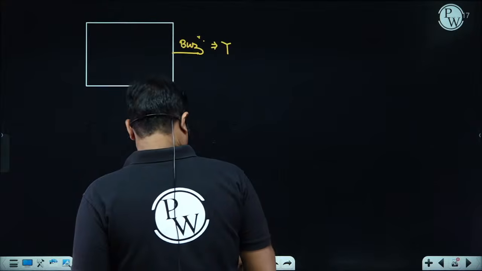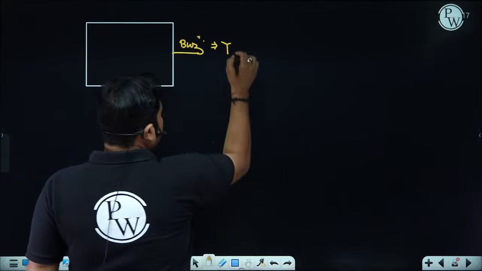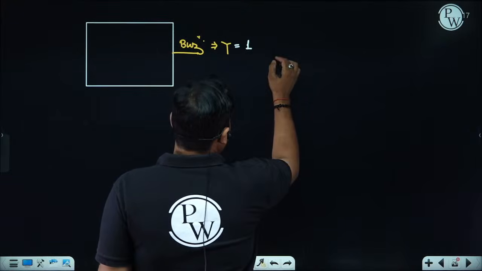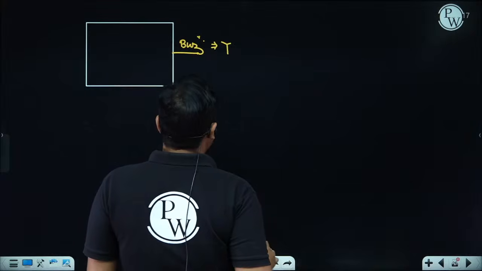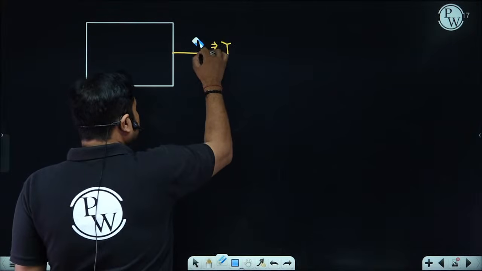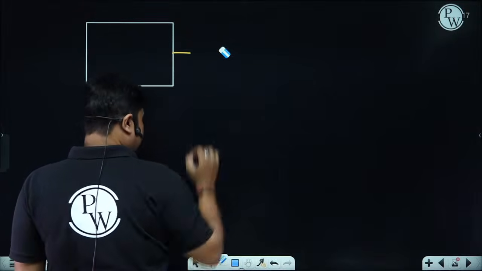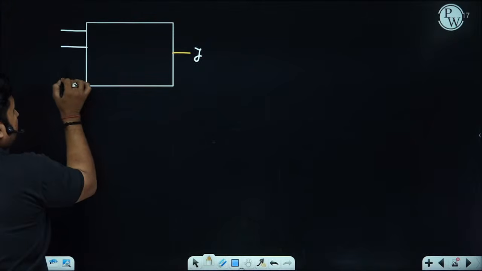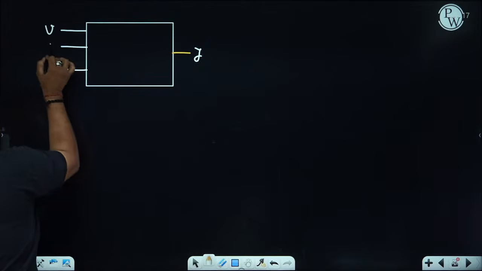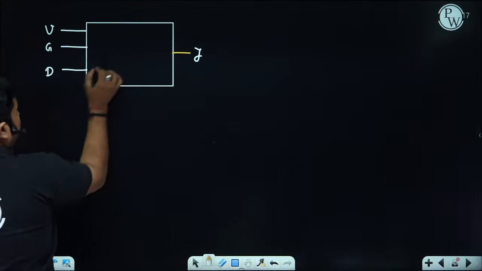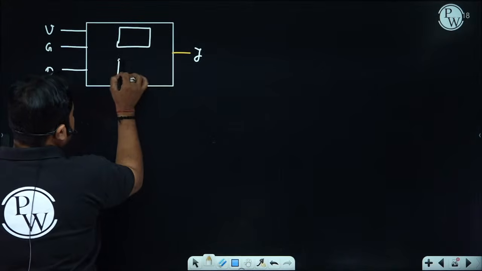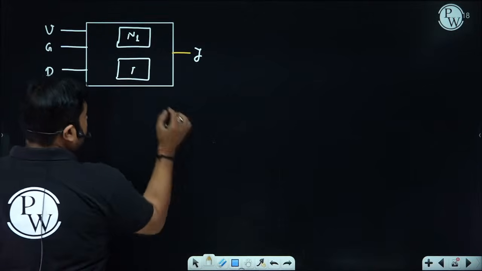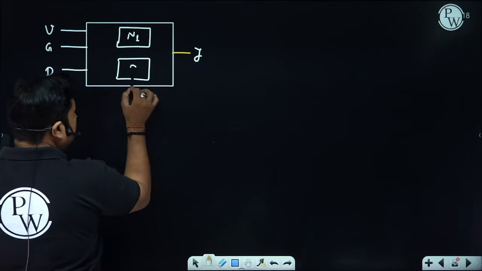So Y equal to 1 is indicating the buzzer is on, and Y equal to 0 is indicating the buzzer is off, and we have 3 inputs: vegetable, goat and dog, and we have two sheds, N1 and S1. Hoping now all of you are able to understand, okay?